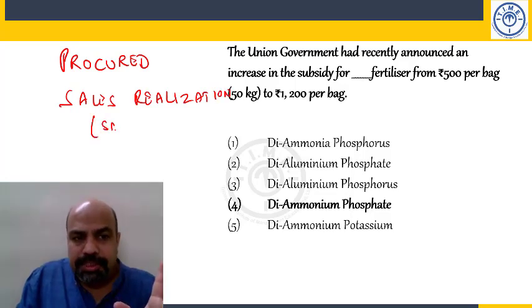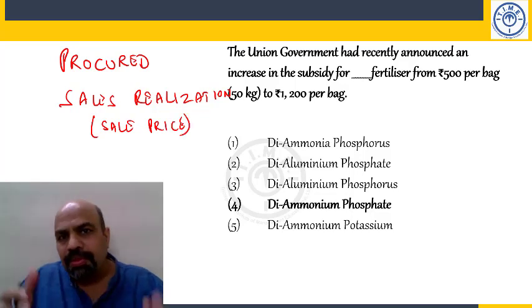Now you write sale price in bracket. So we have written the technical term, sales realization. Now write this.